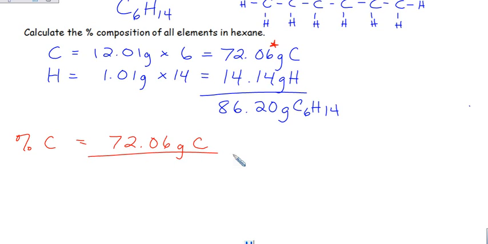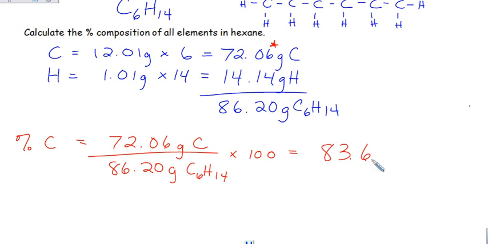We'll divide that by the total mass of the compound, 86.20 grams, C6H14. Plug it in, multiply by 100. And with these, you don't really have any lab data. So for sig figs, I would say maybe 2 decimal spots. 2 decimal spots should be plenty of precision. 83.60% carbon.